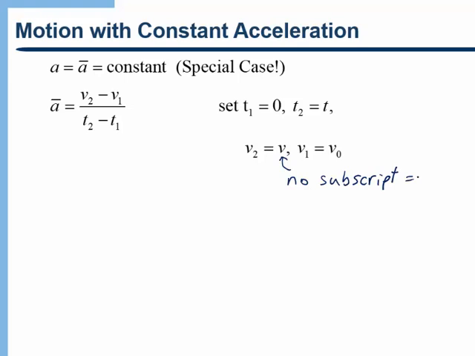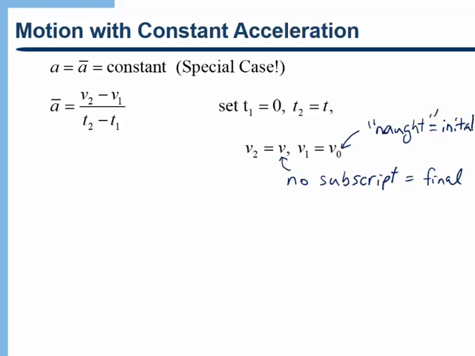So instead of using a 2, if there's no subscript, that means a final value. The initial value we're going to represent with what we call naught, which is a 0. Naught represents initial. So just remember, naught means initial.